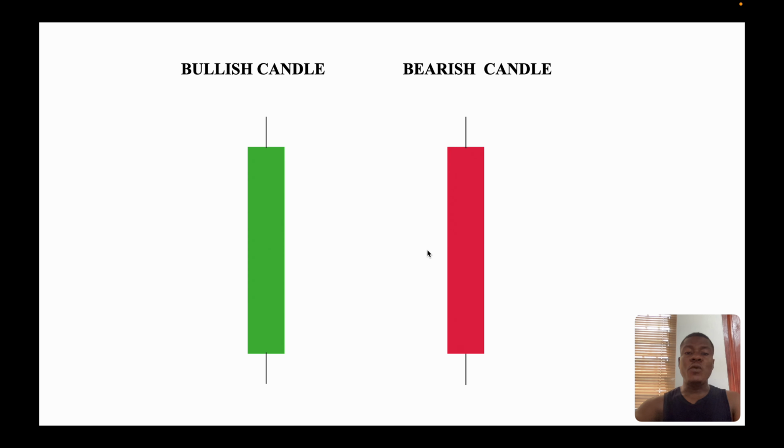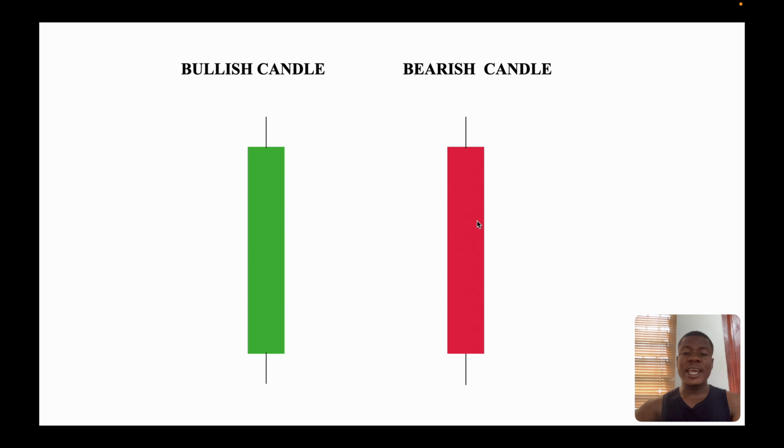Now, when you go to any market in the world, there are two groups of people. We have the buyers and then we have the sellers. So the graphical representation of price actually shows these two groups of people. When you see a green candlestick on any financial chart, it represents buyers.